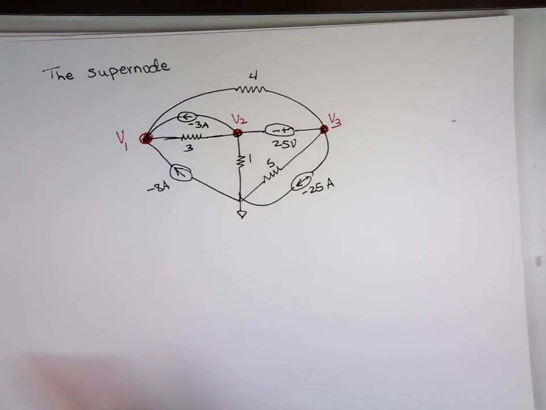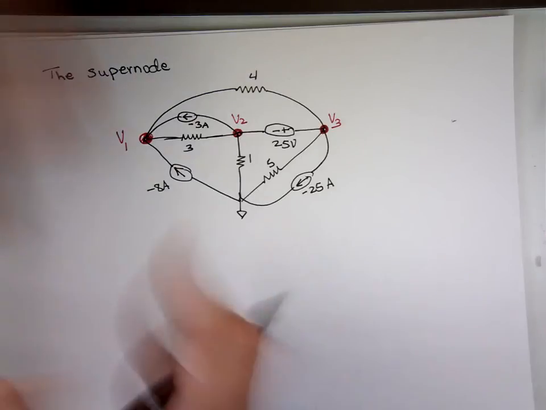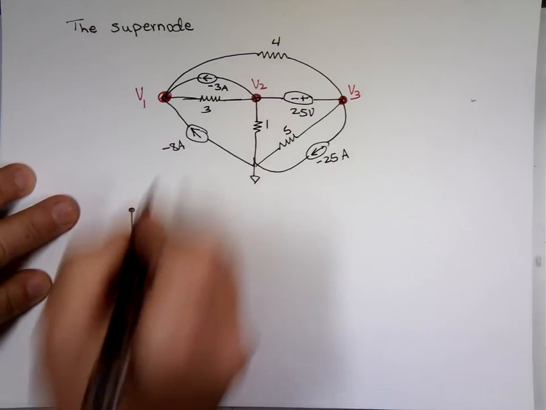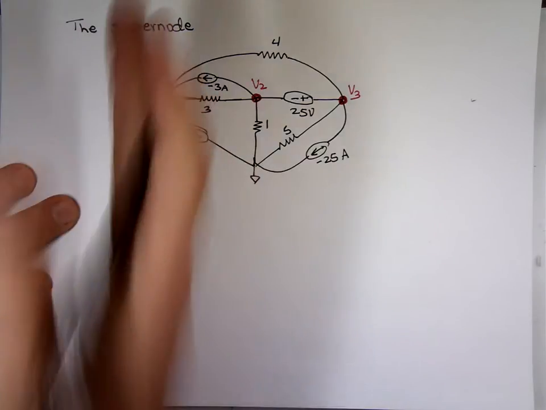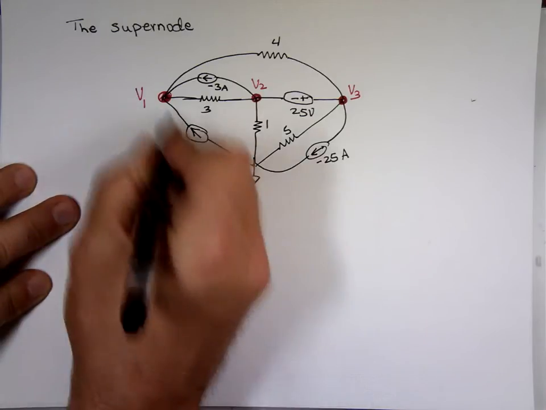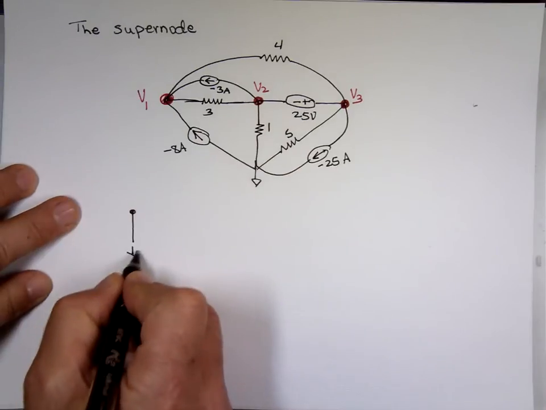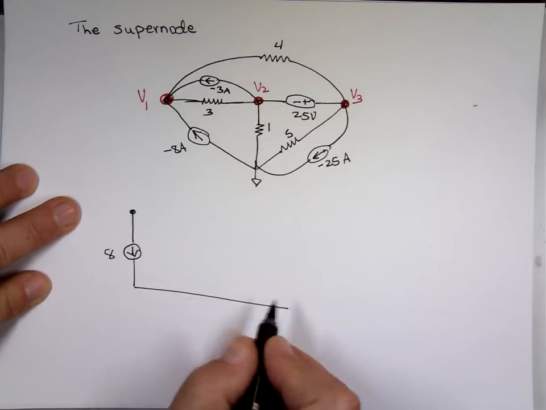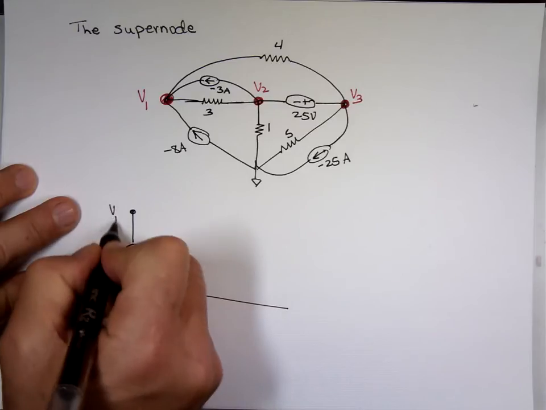I don't like the way that circuit is drawn, and I never liked when they're messy like this. So I'm going to redraw that. I'm going to make all of them straight lines and 90-degree angles. It's -8 amps going to that node, so I'm going to leave it as 8 amps leaving that node. That's V1 here.